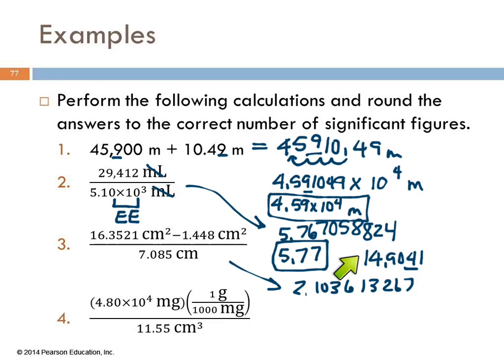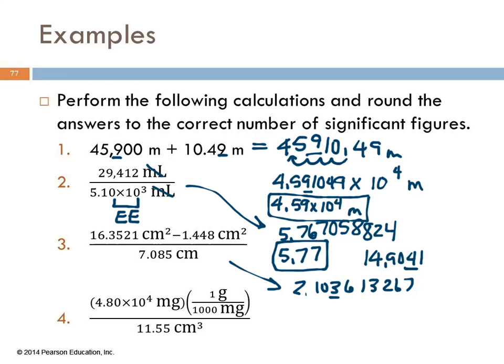This number was then divided by that number. How many significant figures does this number have? It's got 5, because the 1 is not significant. So this one has 5, this one has 4. So then our answer should have 4. So 1, 2, 3, 4.